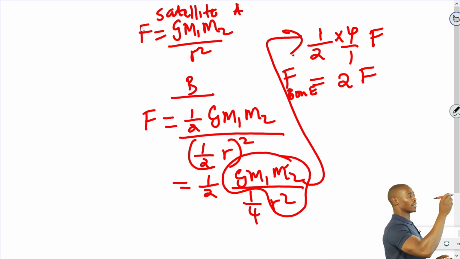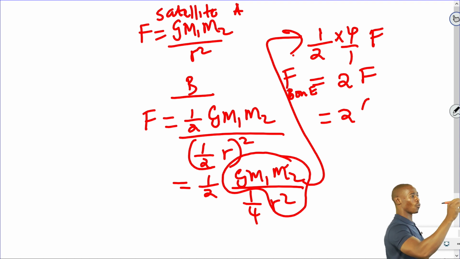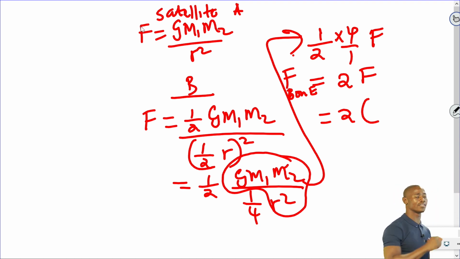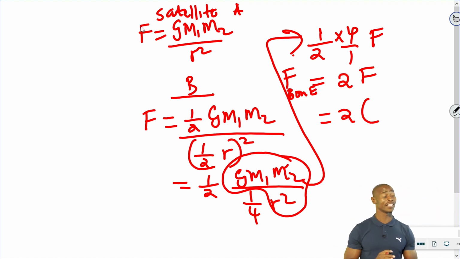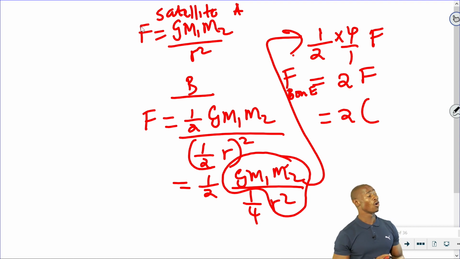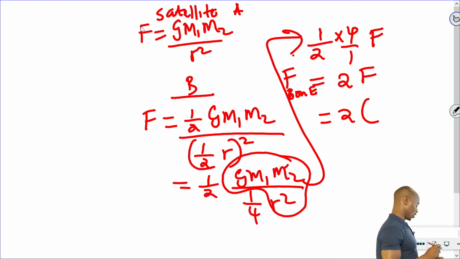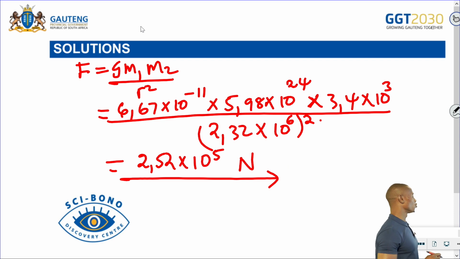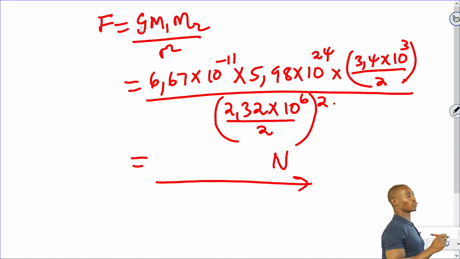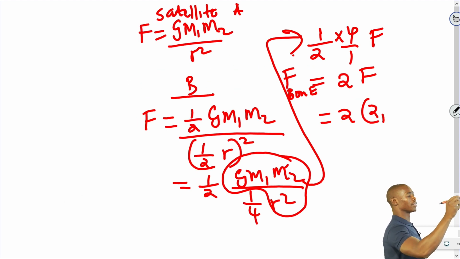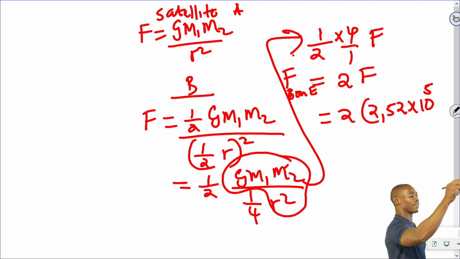So we can do this. What is the magnitude of the force exerted by satellite A on Earth? We got 2.52 times 10 to the power 5.